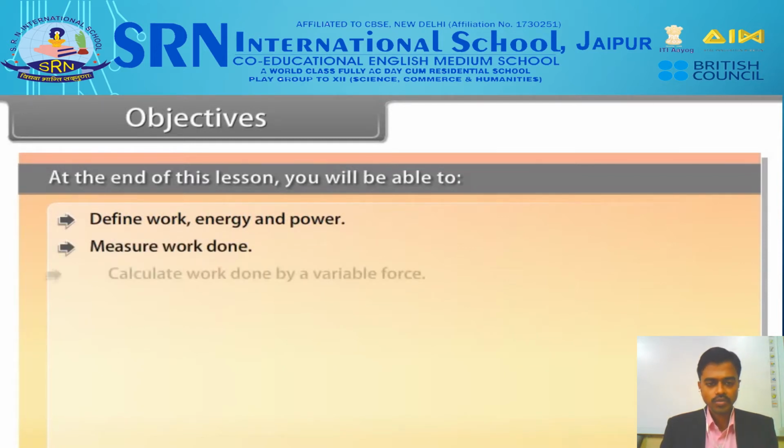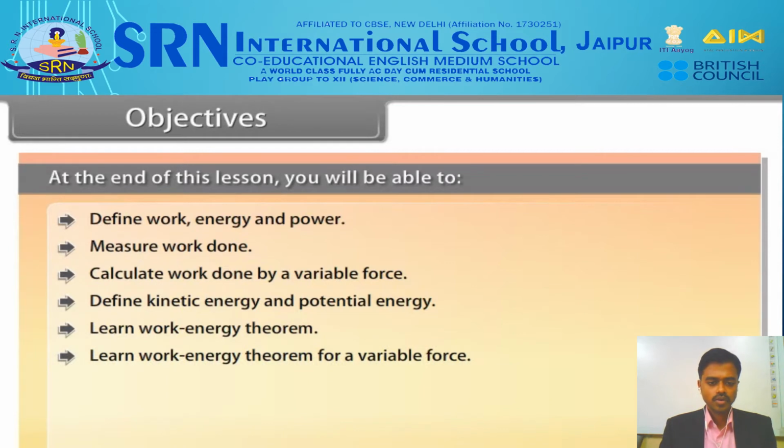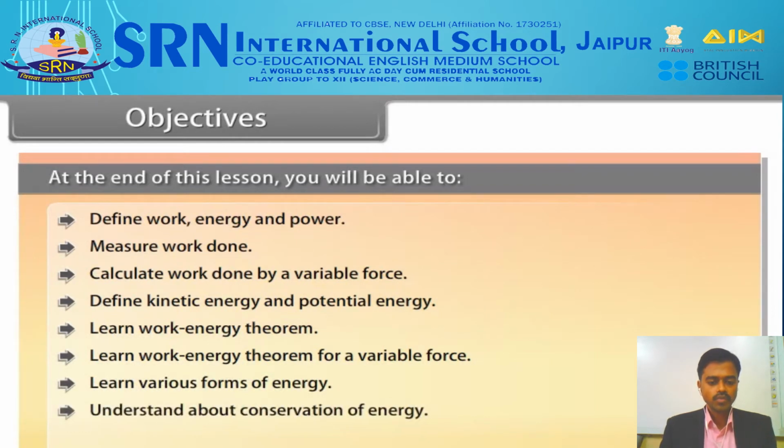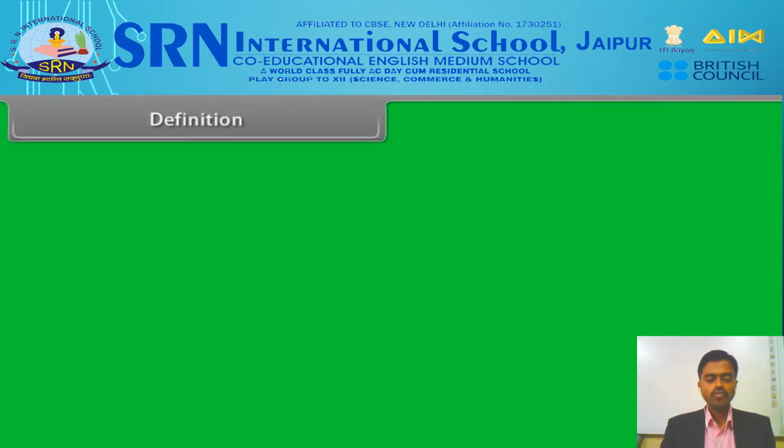Then how to measure work done, calculate work done by variable force, and define kinetic and potential energy. Then we will learn the work energy theorem. Also we will calculate the work energy theorem for variable force, and the remaining topics will be discussed in the next video. So let's start the video, starting from the definition of work.